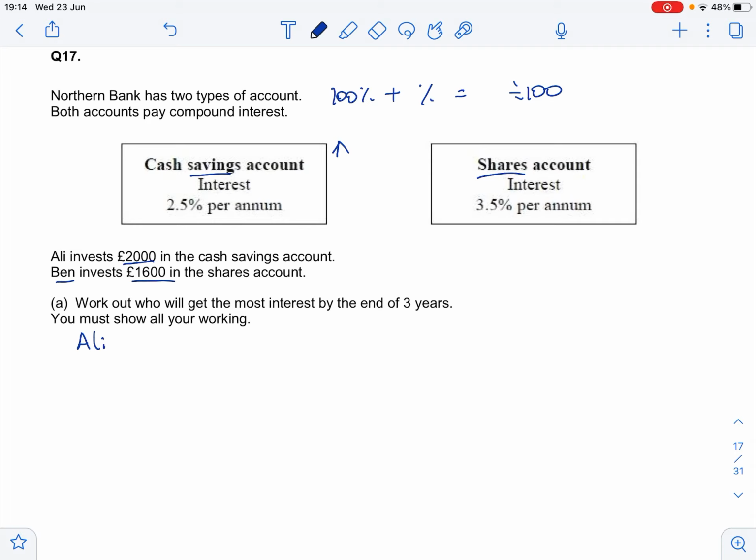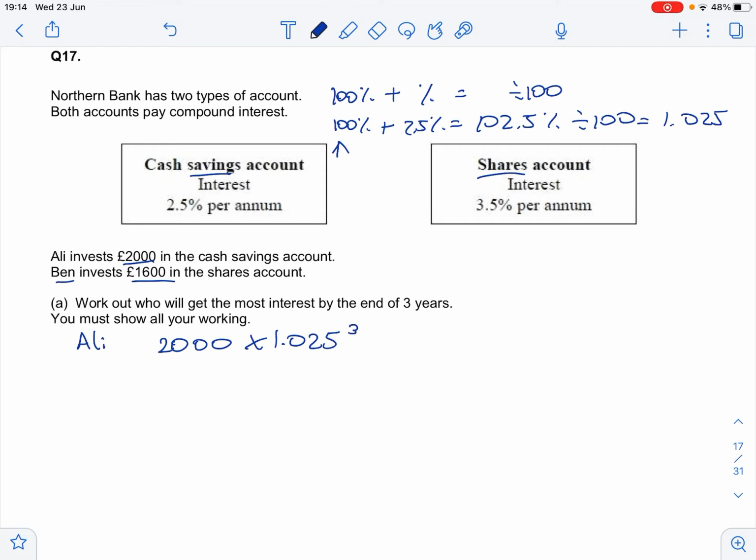So in here we have 100 plus 2.5, 102.5%, divided by 100, which is 1.025. And it's to the power of 3.